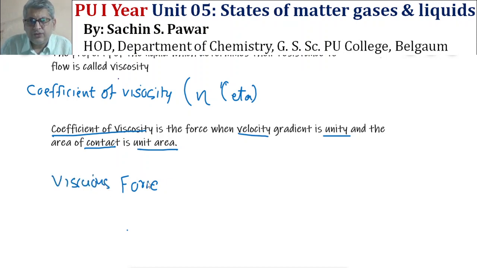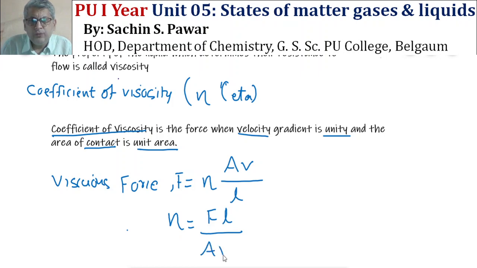The viscous force F is equal to coefficient of viscosity into area of contact into the velocity upon the length of movement. So if I find out the coefficient of viscosity, eta is equal to force into L upon A into V, where force, unit of force is, now SI unit I am talking about.